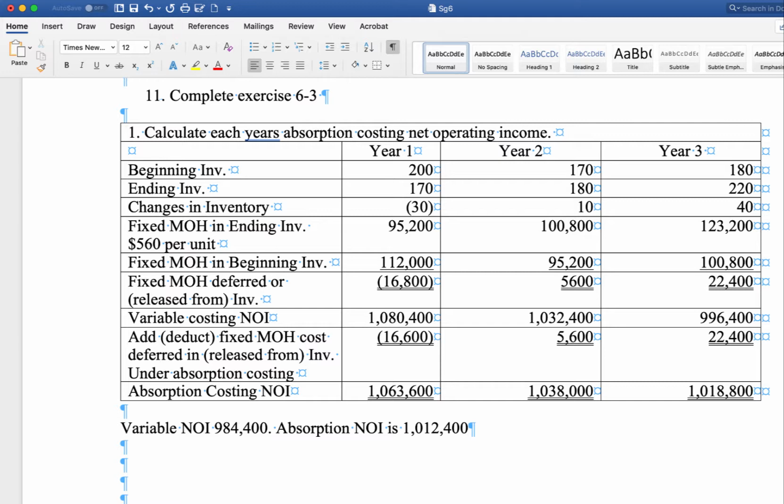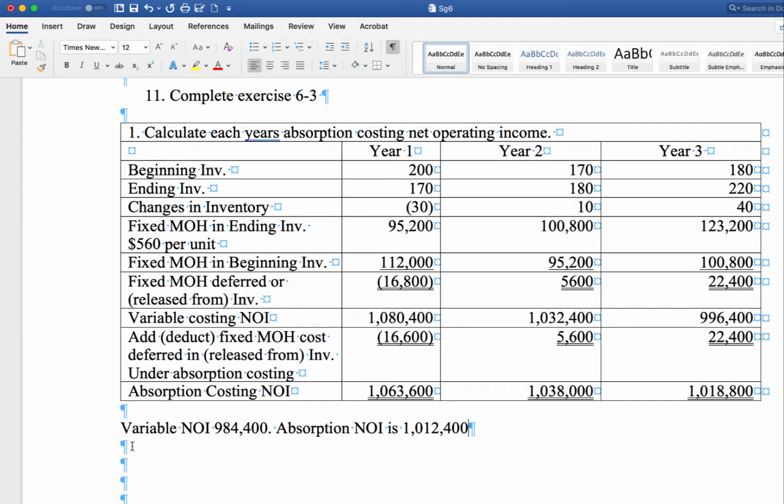Okay. Well, this is easy peasy. We can do this, right? Because we know this stuff. We know that if absorption costing is greater than variable costing, inventories have to be increasing.